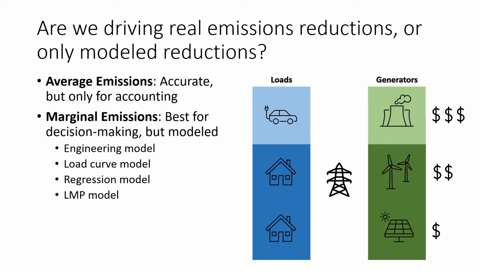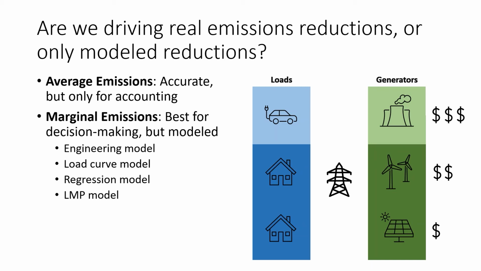Like this illustration here, you build a supply curve by ordering your generators from least cost to highest cost, and you then find where your energy demand intersects that supply curve to figure out which generator is marginal. The third approach is a regression model, which uses historical emissions and load data. You regress the change in emissions on the change in demand to see how emissions respond to load. And in the academic literature, at least, it seems like this is the most used model now and the most trusted.